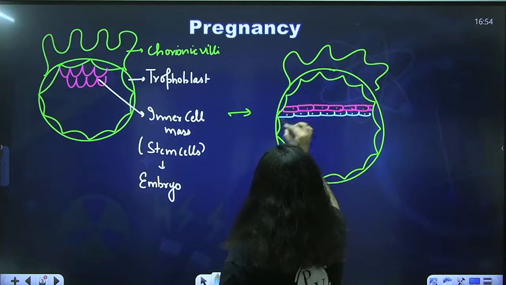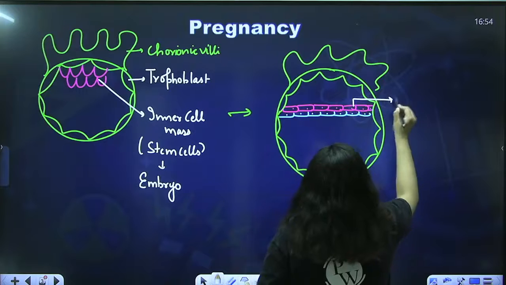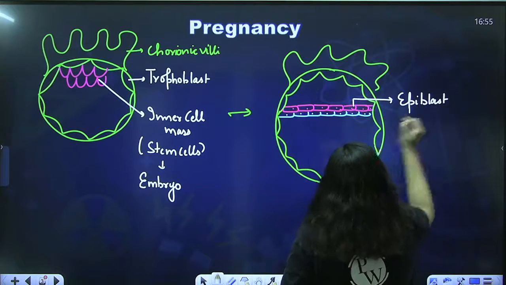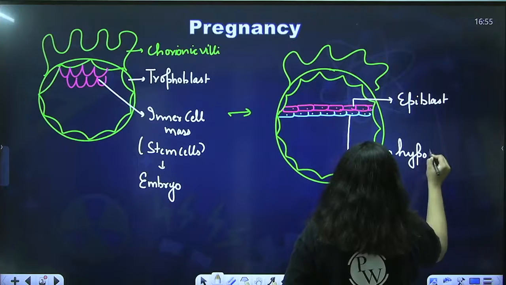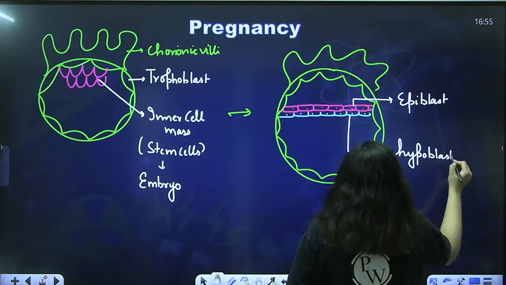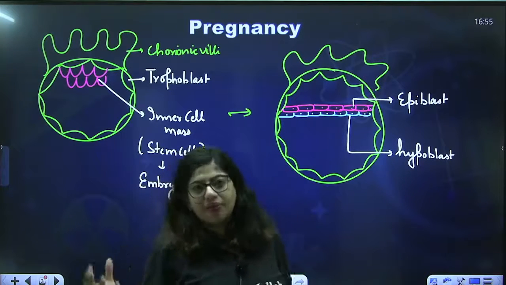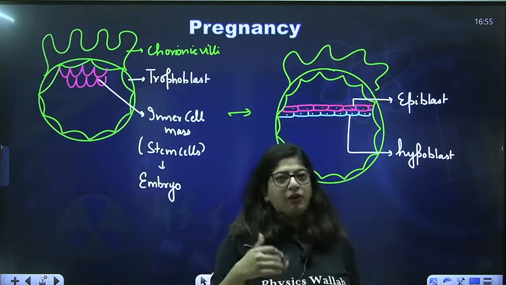The upper layer is known as epiblast and the lower layer is known as hypoblast. Epiblast is the layer which will form your entire embryo out of the inner cell mass, right? Inner cell mass got differentiated into two, hypo and epi.